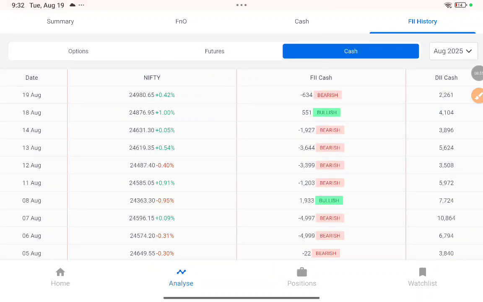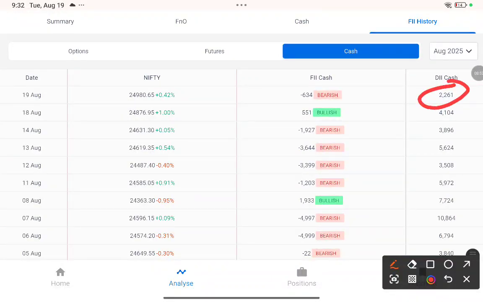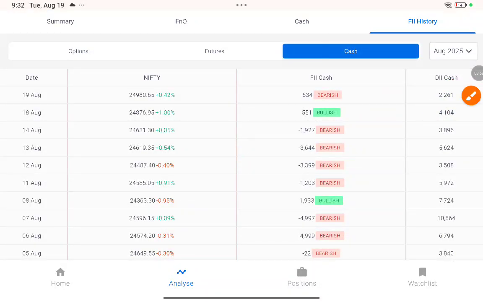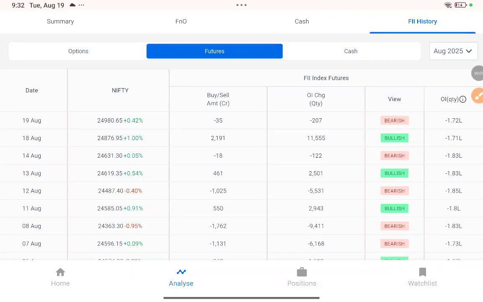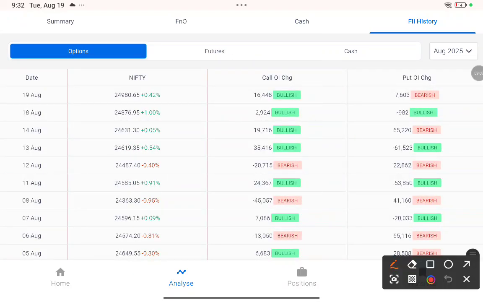In the cash segment, we can see buying from DII, still selling from FII. I think nothing has changed over here, guys. And if I want to see the futures, it's very minimal, you can see only 207 open interest changes. In options, yes, we can see huge call OI changes of 16,448, and very little change on the put side.